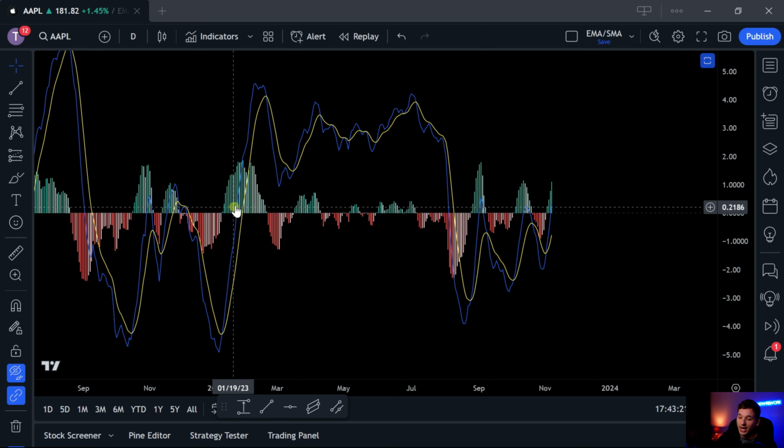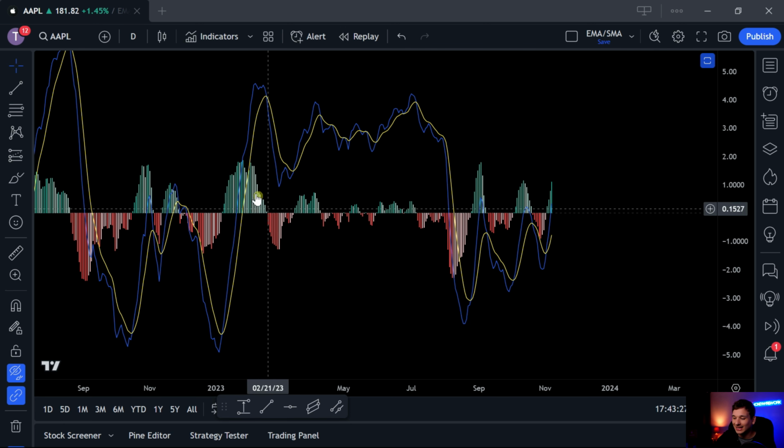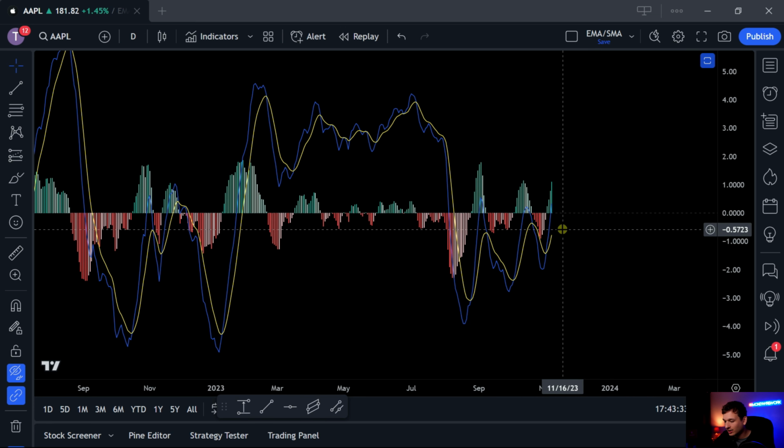If the blue line is above the 0 line, it is an indication that you are in a bull trend, and you can see that they generally stay up there for a little while and generally stay down here for a little while, right?